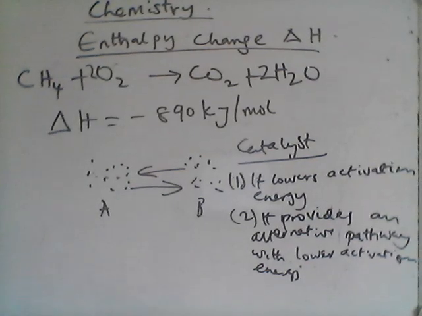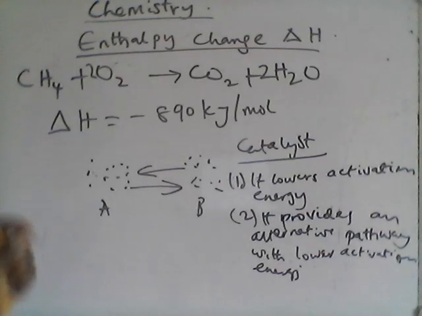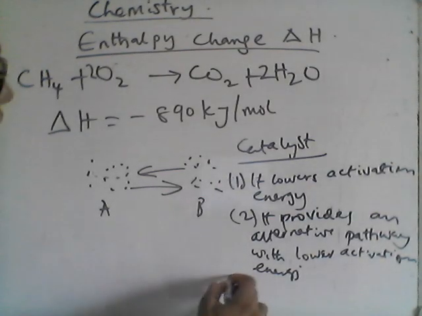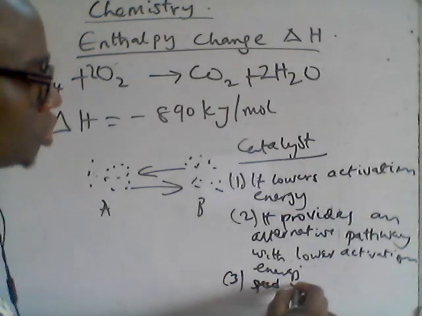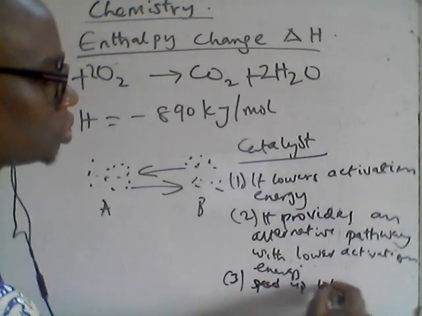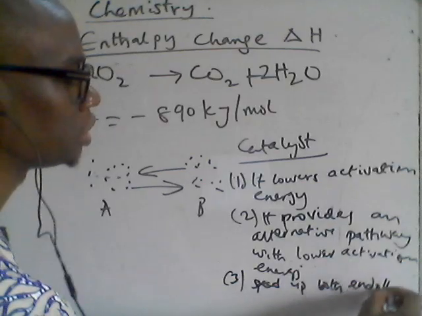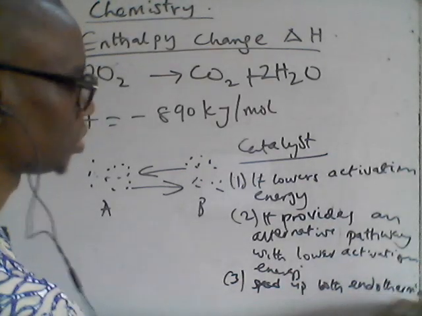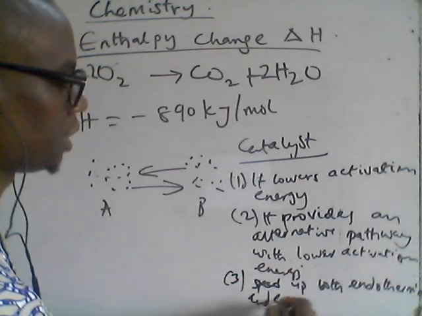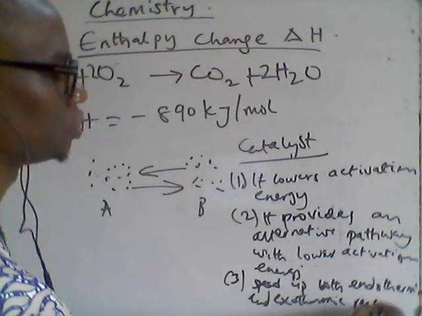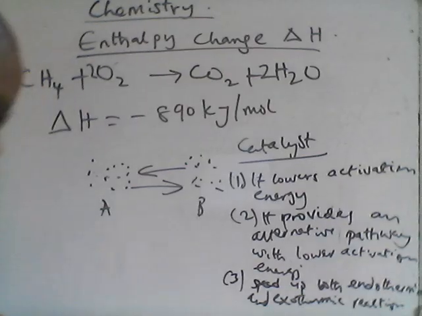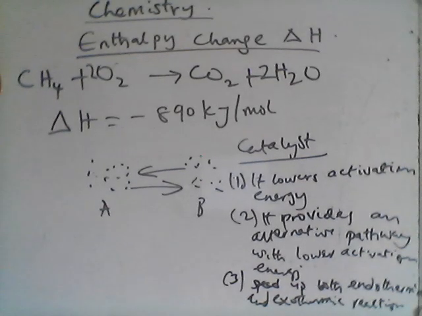And finally, it speeds up both exothermic and endothermic reactions. So whatever kind of reaction is going on, a catalyst will speed up both endothermic and exothermic reactions. So these are what catalysts will do in conjunction with activation energy. Okay.